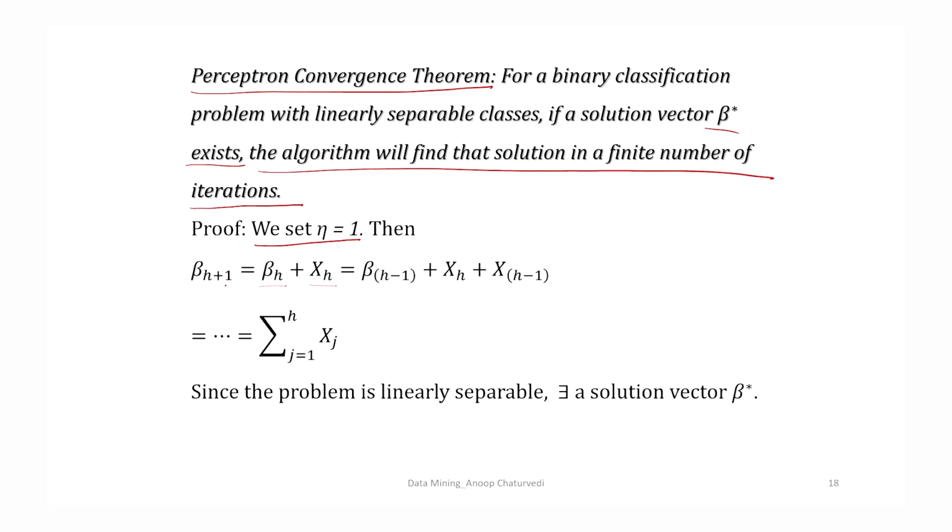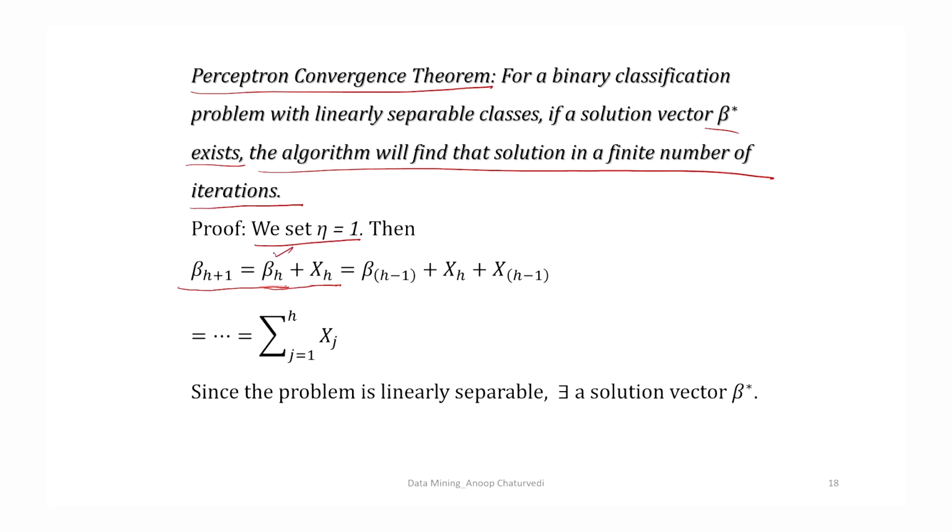Then in that case, beta_(h+1) is equal to beta_h plus x_h, and this is equal to beta_(h-1) plus x_h plus x_(h-1).